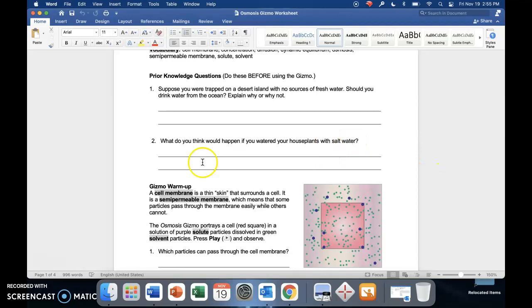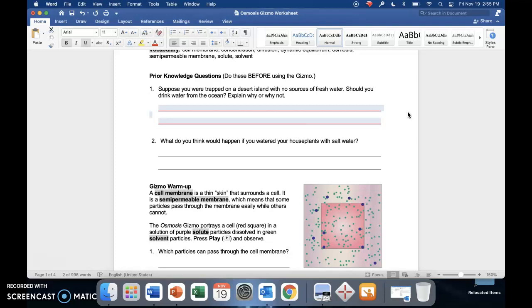If you think about what we talked about in class, again, as I said, you should be able to answer this question. If you drink water from the ocean, which is going to be a highly concentrated solution of salt water, meaning that it is going to be a very hypertonic solution, and we talked about what would happen to your cells in a hypertonic solution.